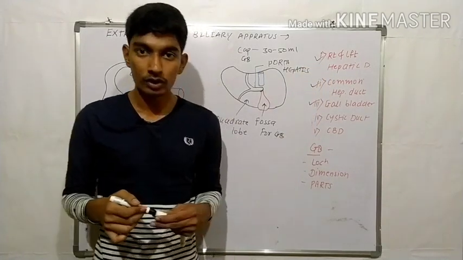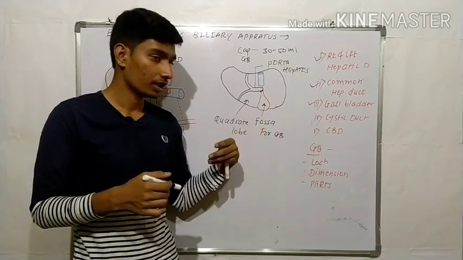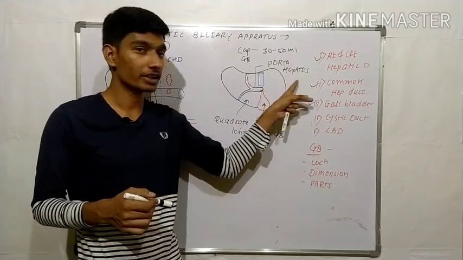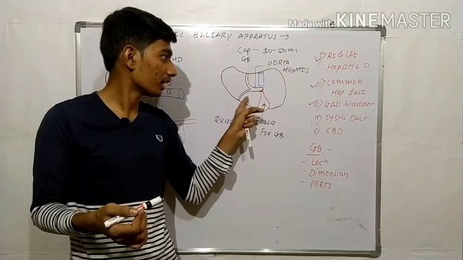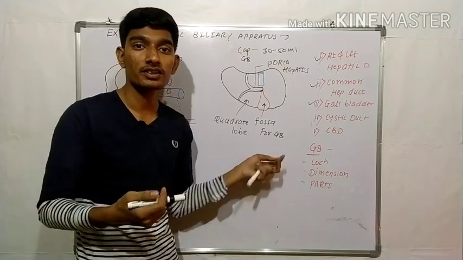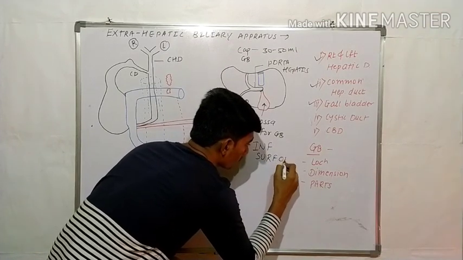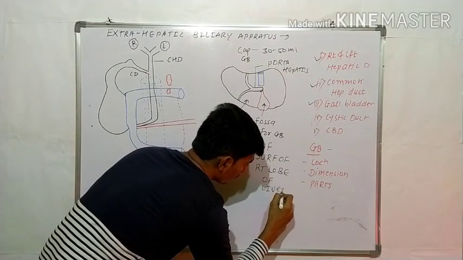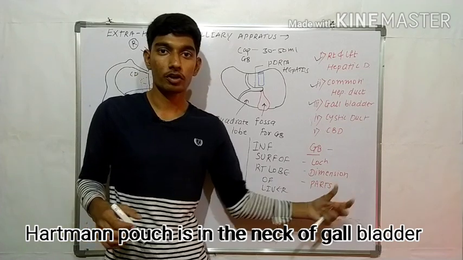So the gallbladder is located in the fossa for the gallbladder on the right side of the quadrate lobe and on the right extremity of porta hepatis, and this fossa for the gallbladder lies on the inferior surface of the right lobe of liver.